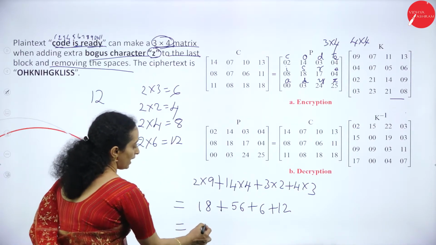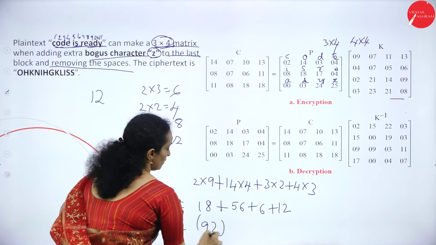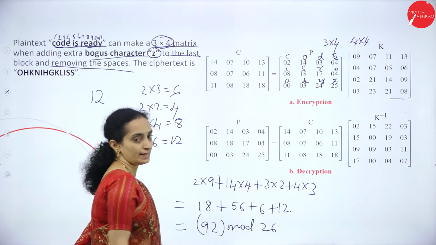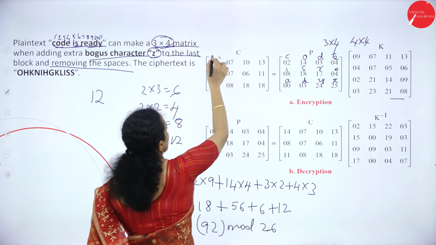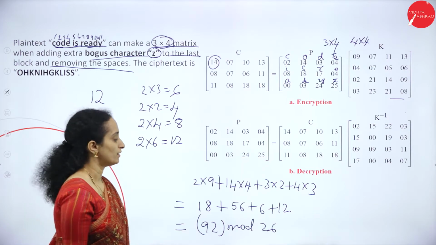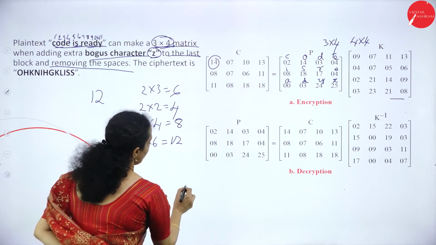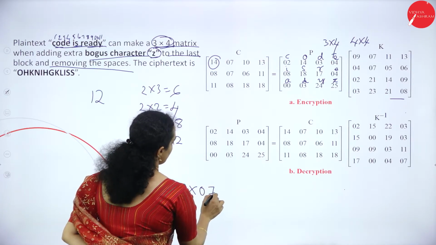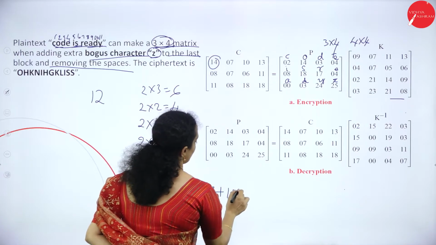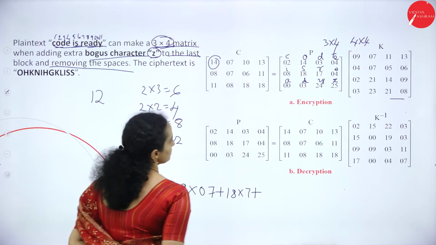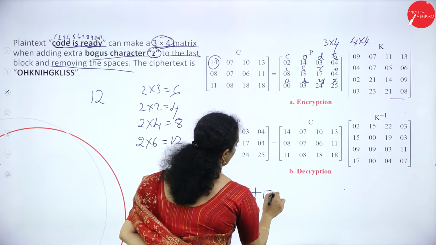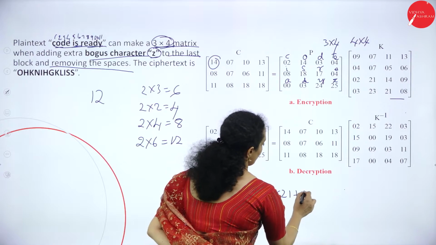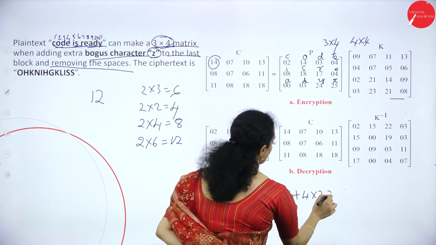Okay, for this we have the value 92 mod 26. Okay, 19 mod 26 will give the value 14. If you take the next row, you will have 8 into 7 plus 18 into 7 plus 17 into 21 plus 4 into 23.